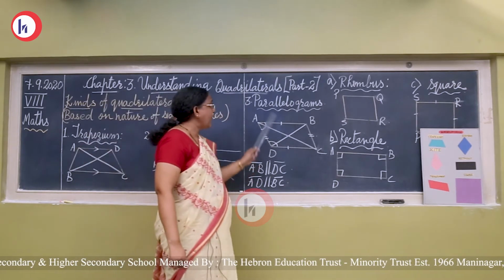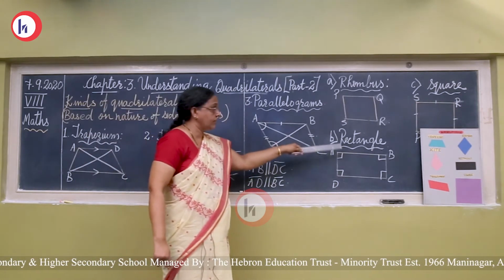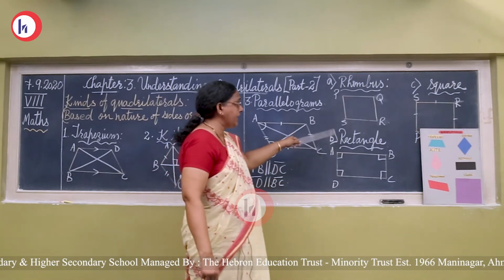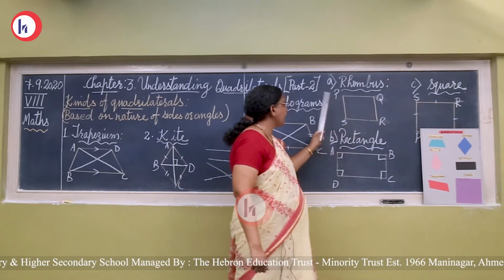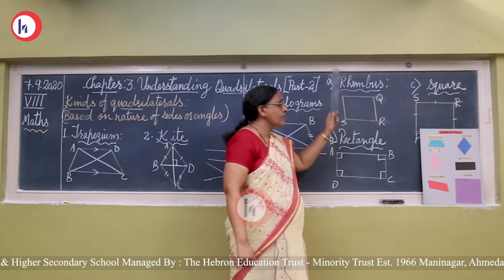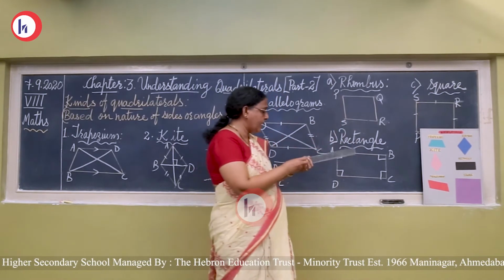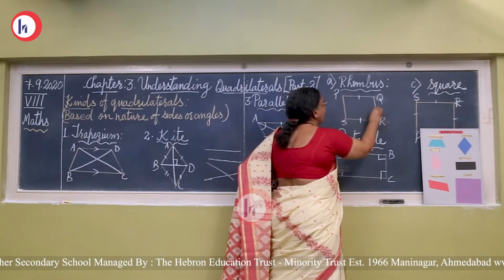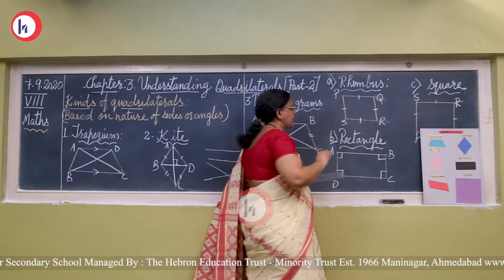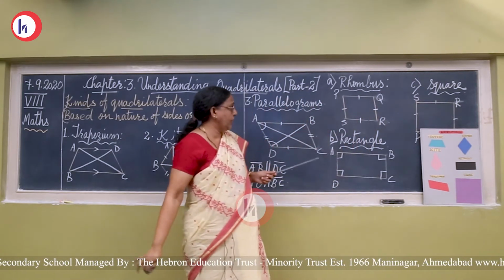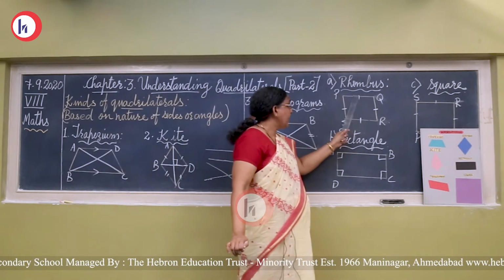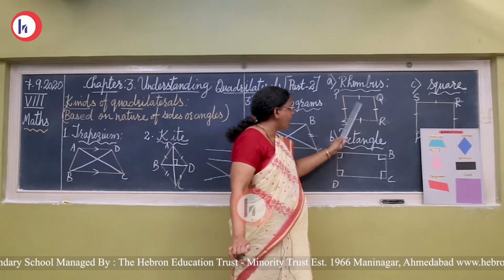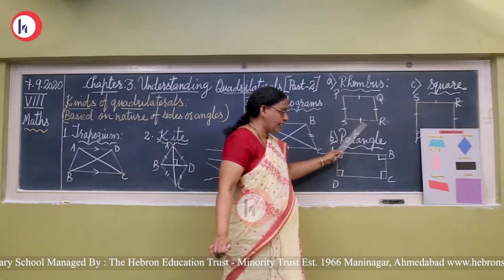Okay. Now, parallelograms are of different types according to their sides and angles. One of them we call a rhombus. In a rhombus, all the sides are equal and the pairs of sides are again parallel.